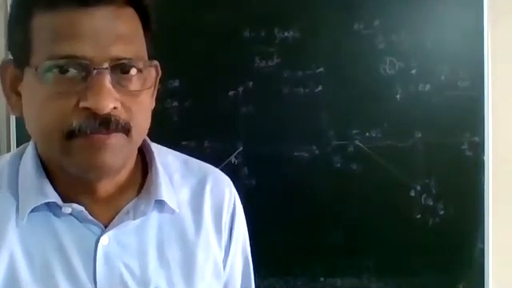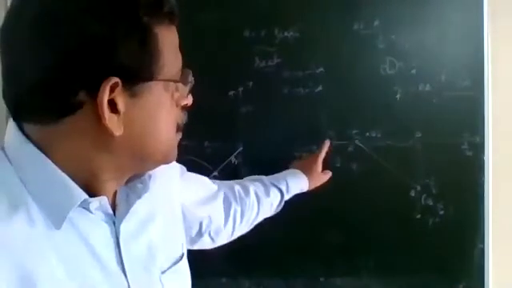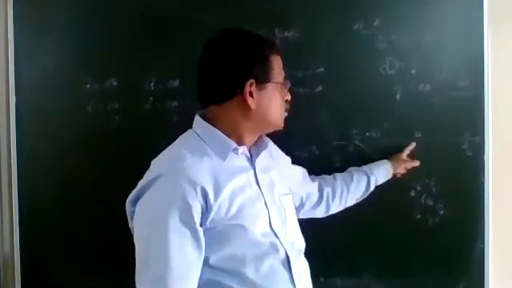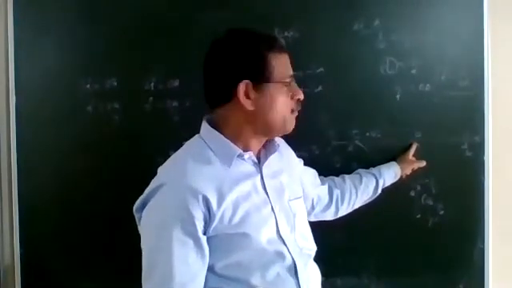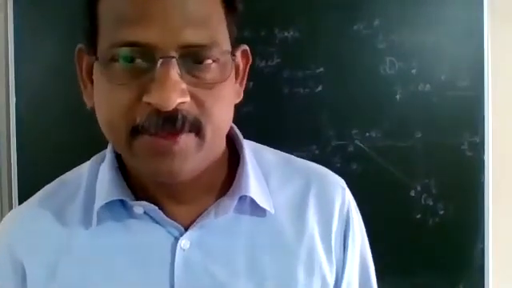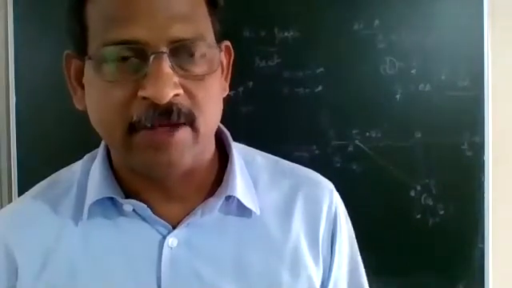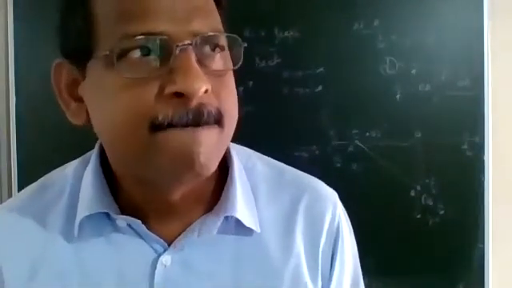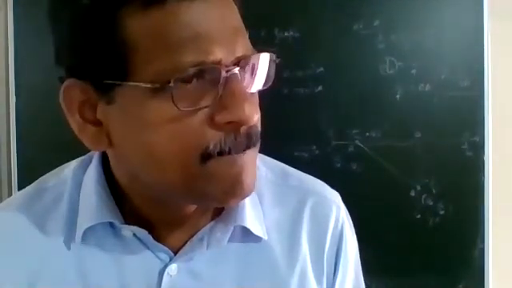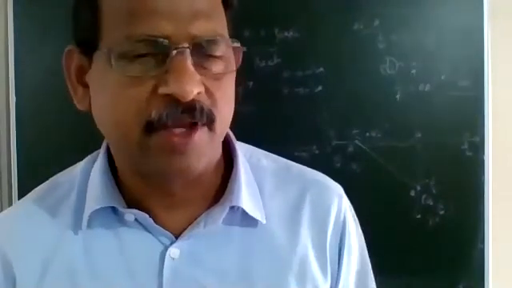Minus 50. 1 by f is equal to 1 upon 0.02, so the focal length is minus 50 centimeter. Okay.